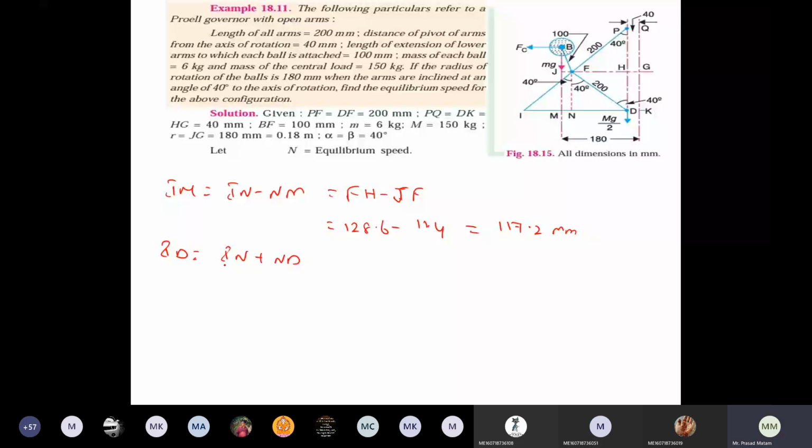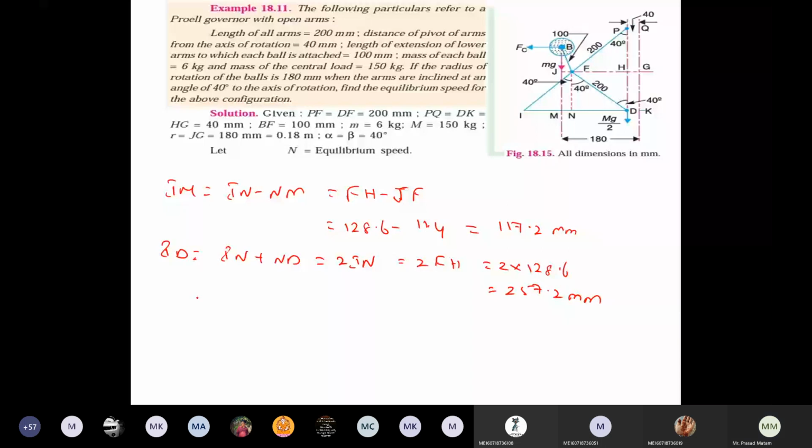IN plus ND is nothing but 2 times IN, which equals 2 times FH, since IN is equal to FH. That is 2 into 128.6, which comes as 257.2 mm.